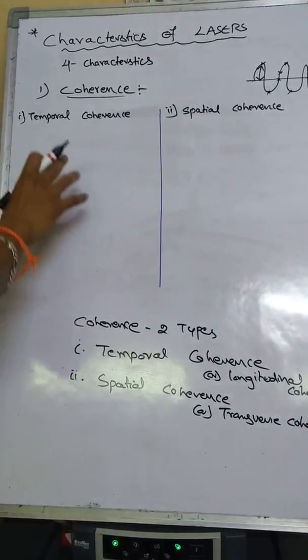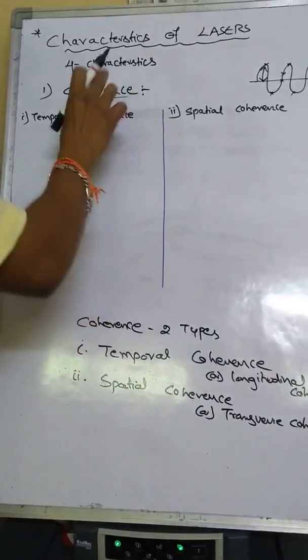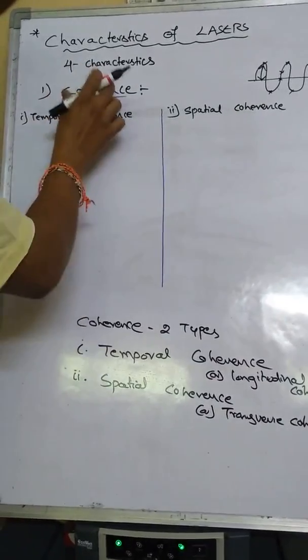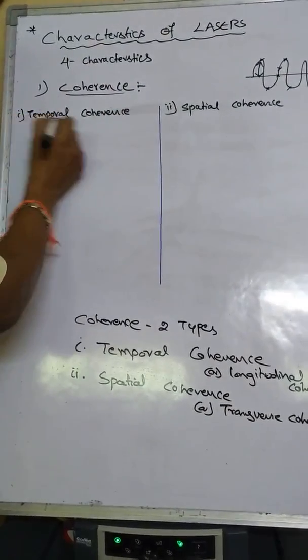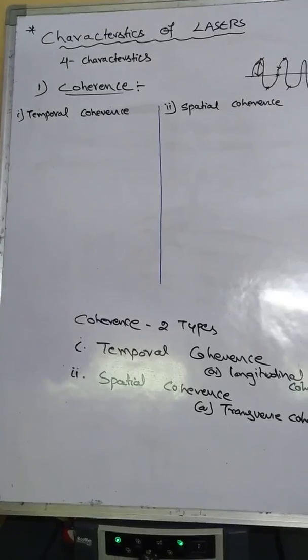So temporal coherence and spatial coherence are the 2 types or 2 cases of coherence. There is a name itself, temporal coherence.